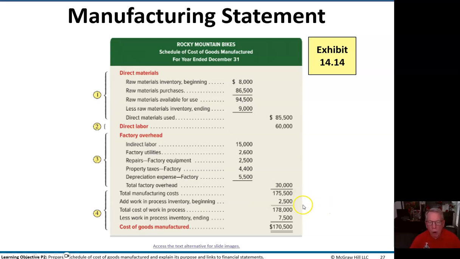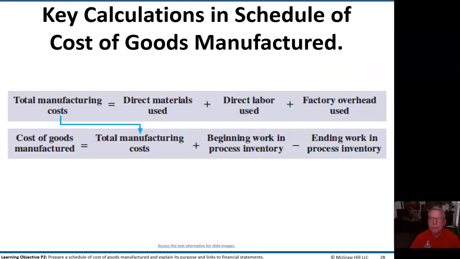Then we start with our beginning work in process, and we then have the total cost of work in process. Back out the inventory in ending work in process, and that gives us the cost of goods manufactured. And this cost of goods manufactured is not total manufacturing costs. It's cost of goods manufactured, and that is what has been moved into finished goods inventory.